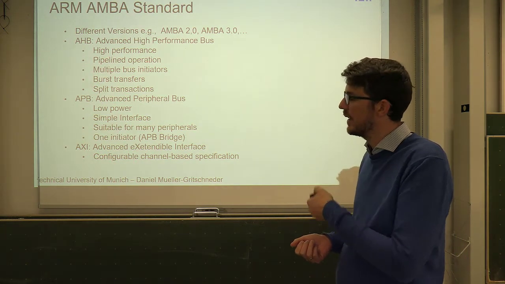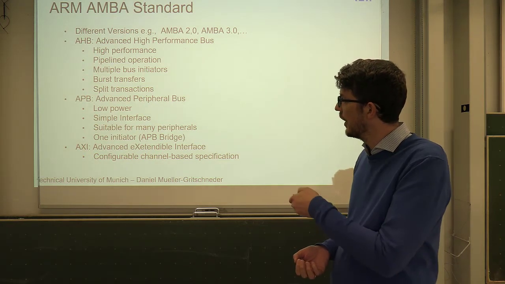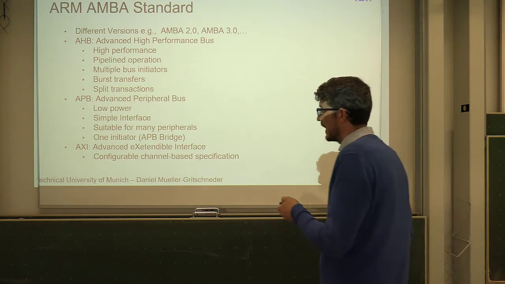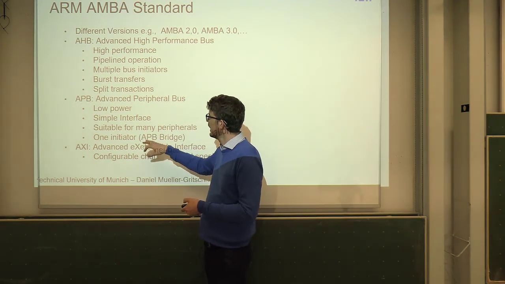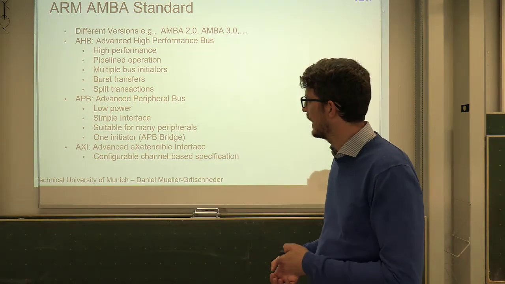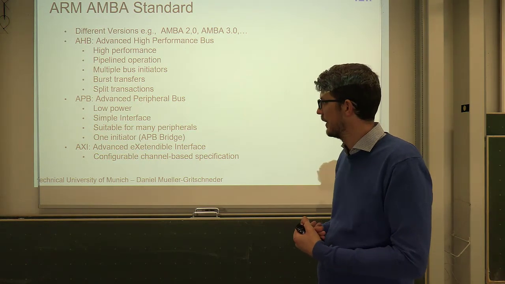It has multiple bus initiators, which we have seen. It supports burst transfers, and it also supports split transactions. While, for example, the APB bus is a very simple bus. It's very low power. It only has one initiator, which is actually the bridge. We will see this later. And then it's very suitable for many peripherals.